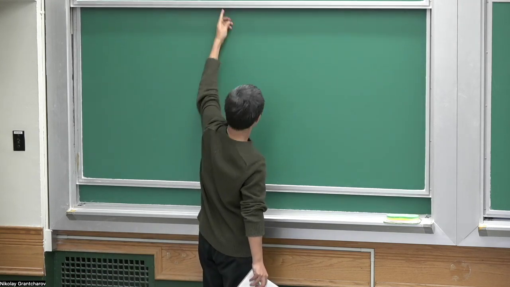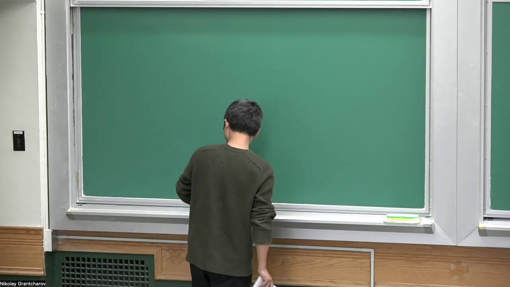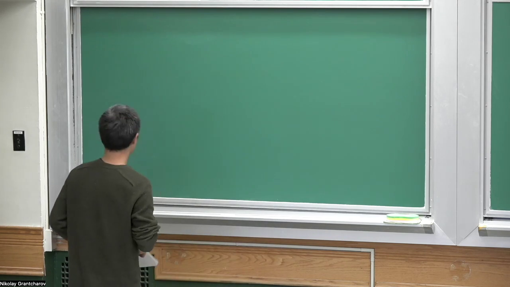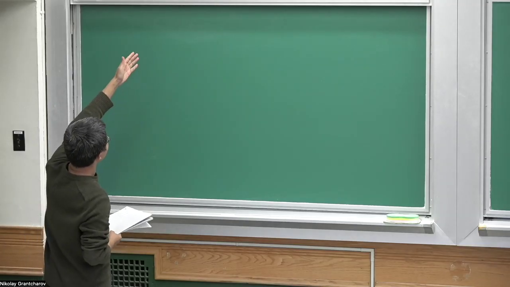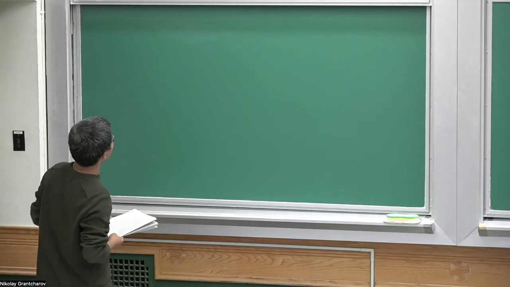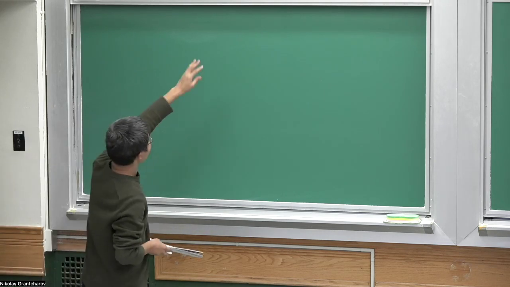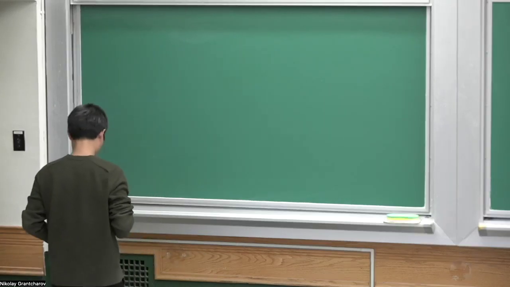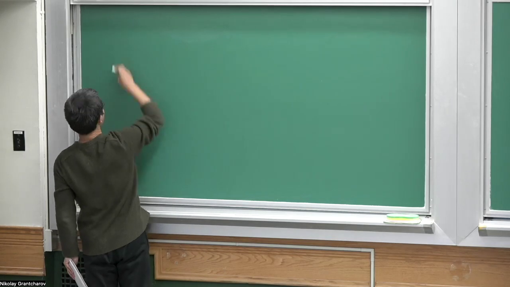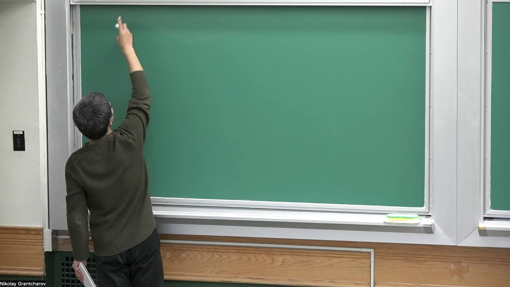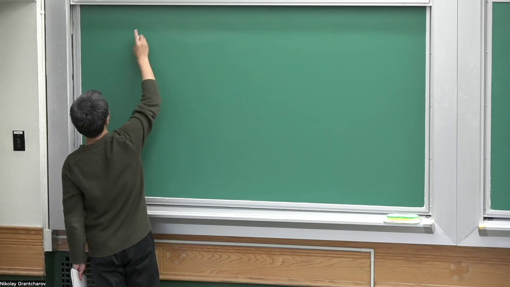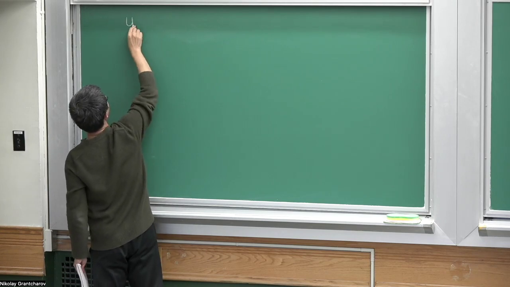Let's talk about both of them. Soergel made the pioneering observations for both flavors of Soergel functors. So let's review what happens for the usual category O or Hecke category.